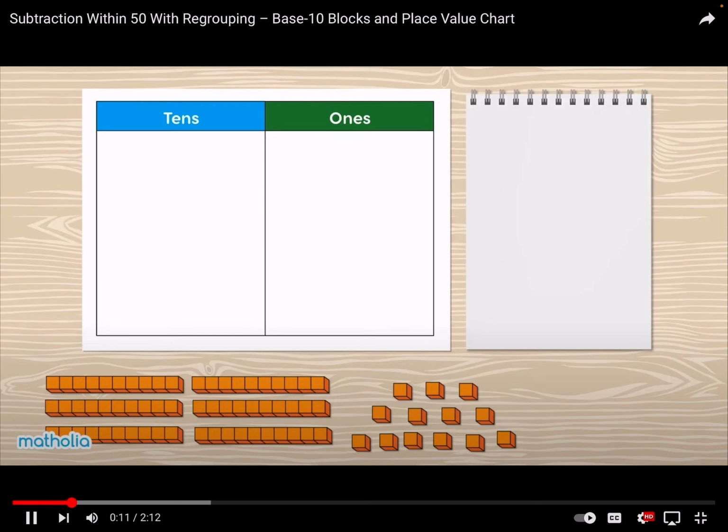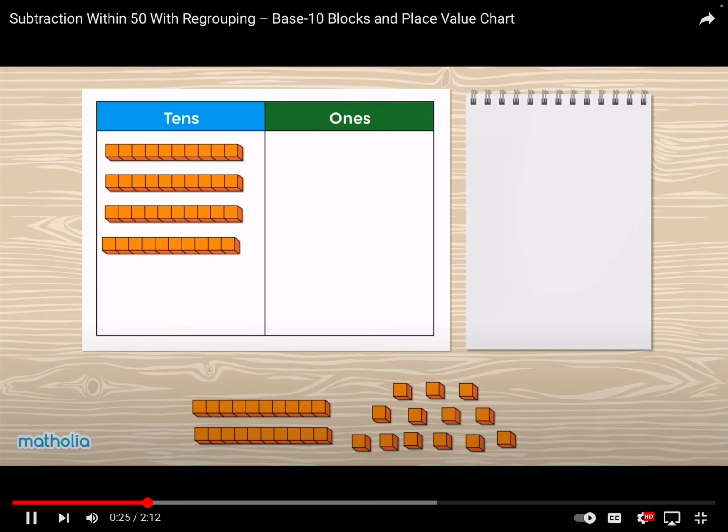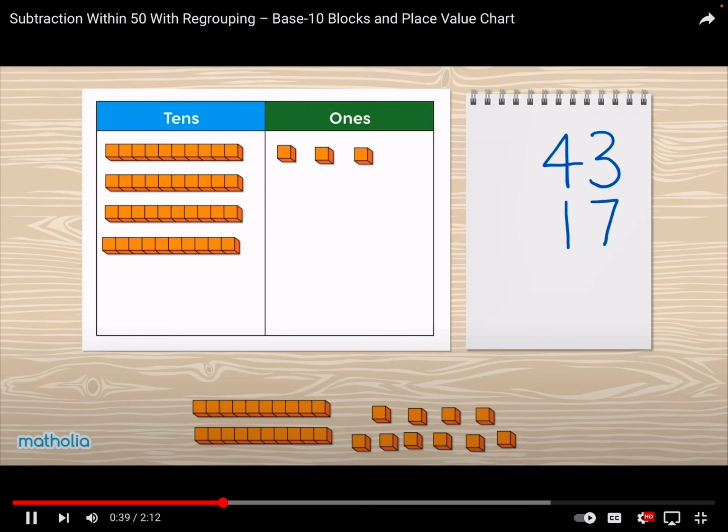Let's subtract 17 from 43 using base 10 blocks and a place value chart. We have 1, 2, 3, 4 tens and 1, 2, 3 ones. Write 43 here. We want to subtract 17, so let's write 17 here.